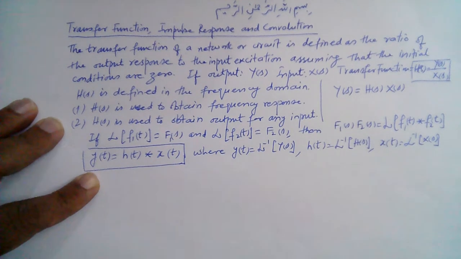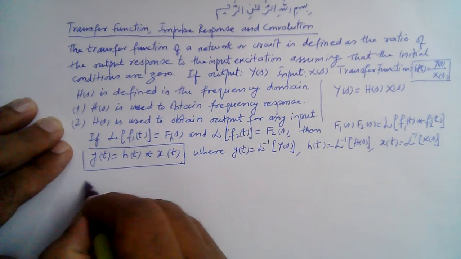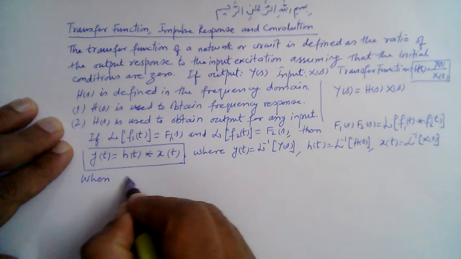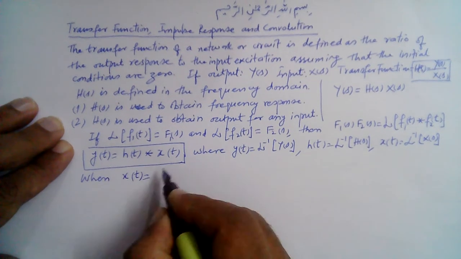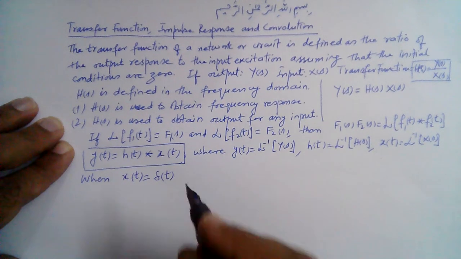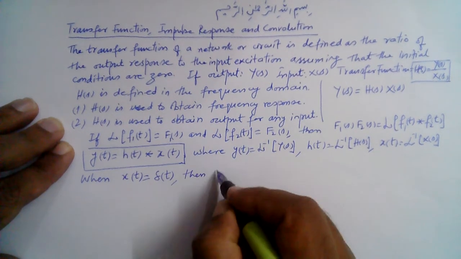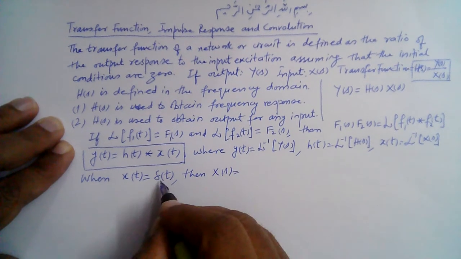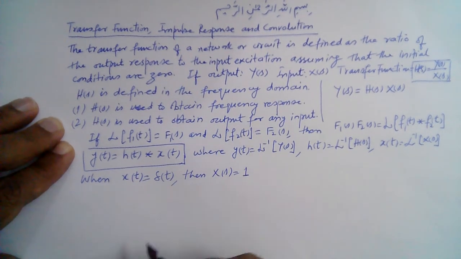There is one special observation. For example, when x of t is an impulse function, this delta t, right? Then x of s, the Laplace transform of delta t, is 1, right? So x of s is 1.